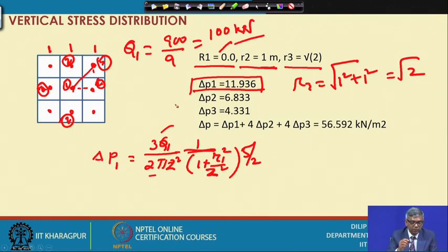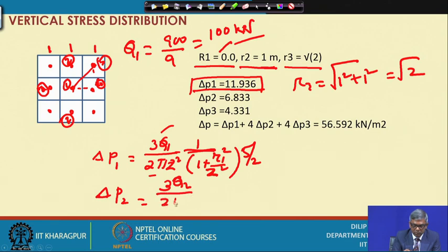And now I will find out another value, delta P2, that means the effect of this to here. Delta P2 will be 3 q2 by 2 pi z square, 1 over 1 plus, here r is actually 2 and z also 2, to the power 5 by 2.